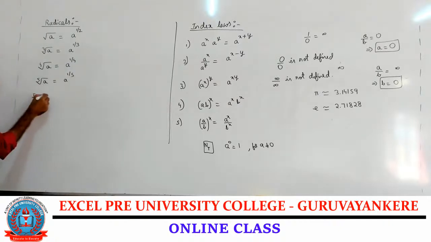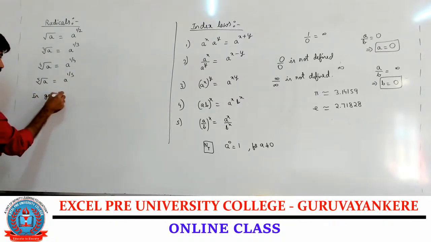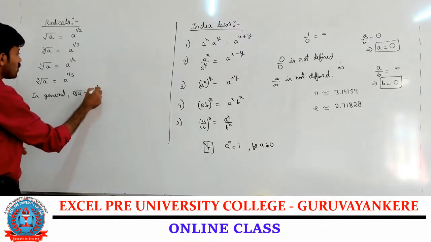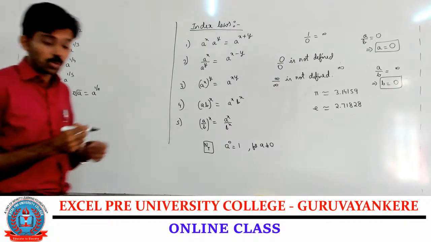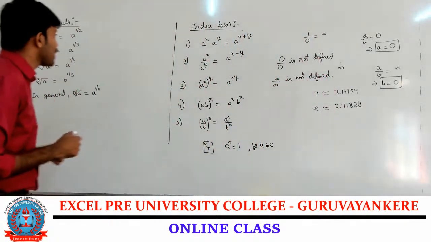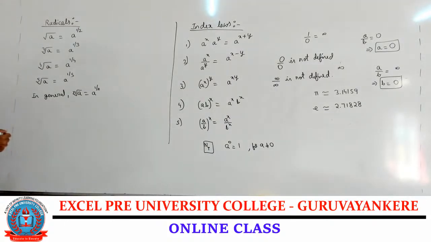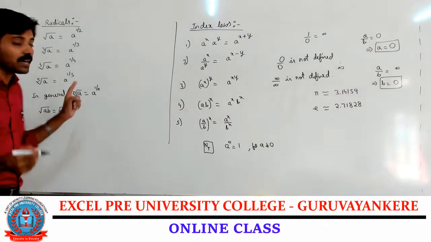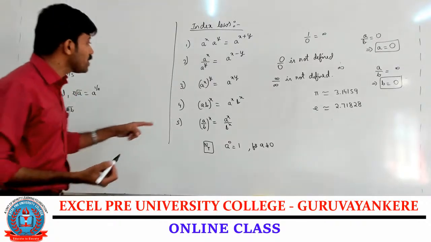In general, nth root of a is a power 1 by n. Learn all these basics. Further, root of ab is root a into root b. Root ab means ab power half.